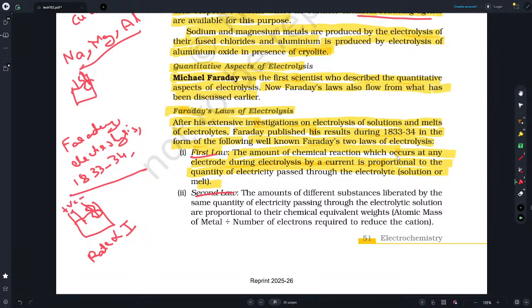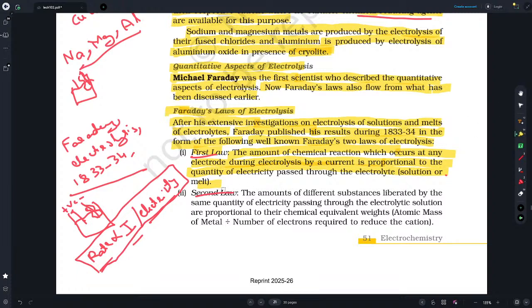The amount of chemical reaction which occurs at any electrode during electrolysis by a current is proportional to the quantity of electricity passed through the electrolyte, directly proportional to the current passed through the solution. This is the first law.